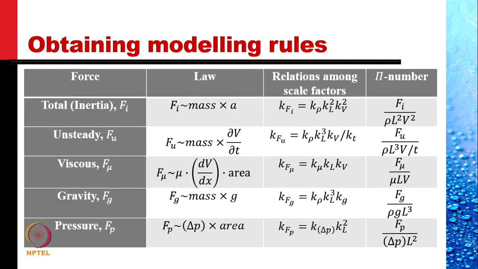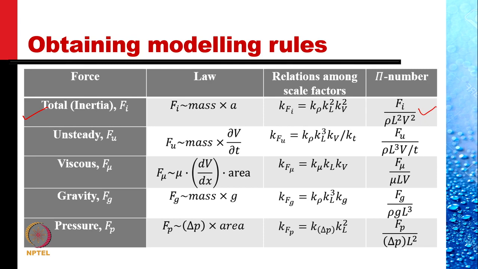We can do this for each of the forces. We already obtained the inertial force factor Fi, and from this we would obtain the pi number Fi divided by rho L square V square.